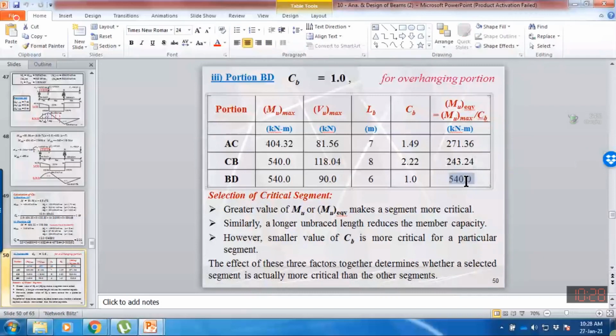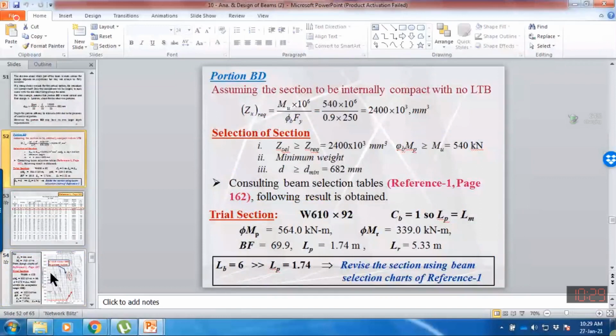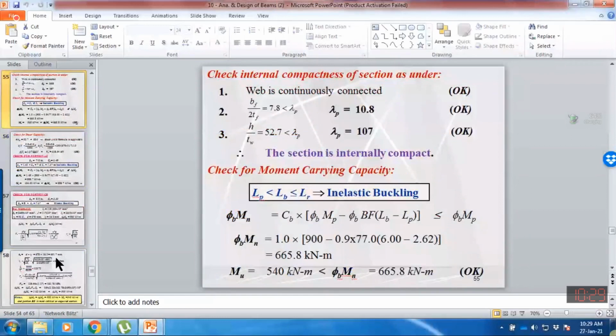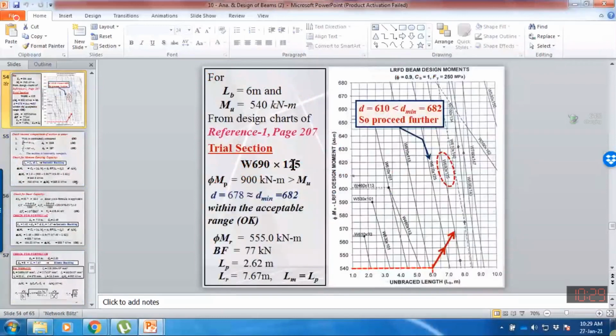For example, the applied bending moment is 540 and the maximum shear force at any point of this beam is 118. When we selected the beam section based upon this moment 540, we selected this section, W690 x 125.